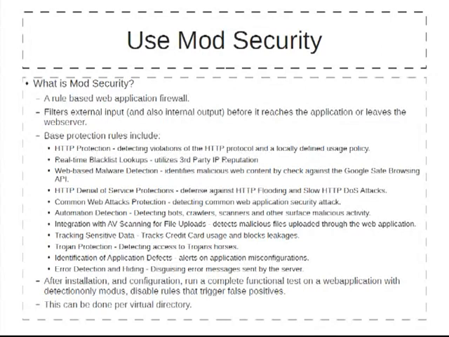Basic protection includes HTTP protection, blacklist lookups, like if an IP is actually on some kind of spamming blacklist or DDoS blacklist, and malware detection up until a certain level. It can check against the Google Safe Browsing API, for instance, if a URL that's in a request or in a GET or POST variable could be problematic.